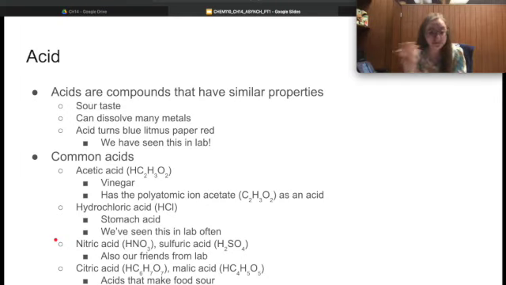So that's hydrochloric acid. Two others that we have seen in lab that you may recognize are nitric acid, HNO3, and sulfuric acid, H2SO4. We've seen those a little bit in lab. Sulfuric acid is actually the most highly produced chemical in the United States, fun fact. And so that's pretty cool.